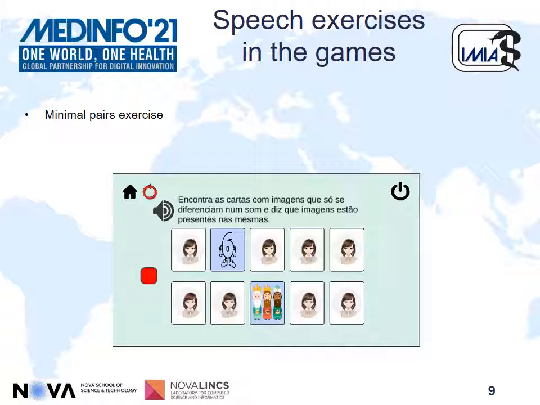So for instance, in this image we have a card with the image of the number 6, which in Portuguese is seis, and another card with an image of kings, which in Portuguese is reis. So the words seis and reis are minimal pairs because they only differ on the initial phoneme. So in this case, the child would have to identify those two cards and then say both words.